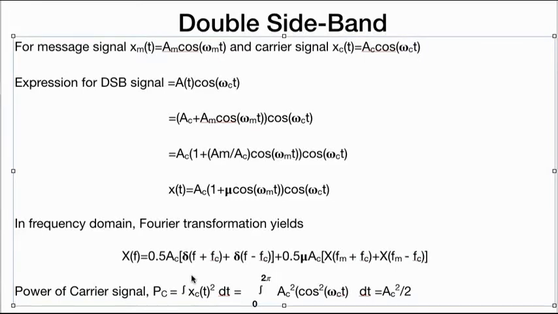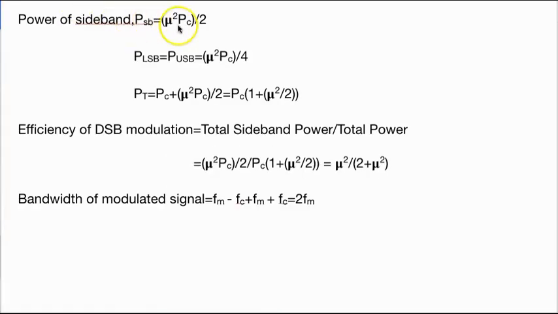Such practice will increase your speed. So keep on practicing integration and differentiation so that you can calculate speedily for GATE preparation. The power of the sidebands is mu square PC by 2.